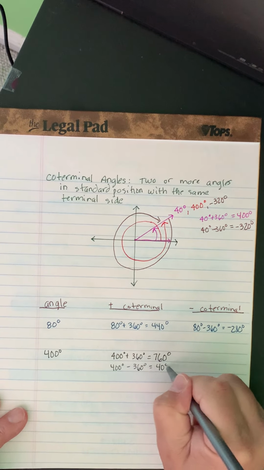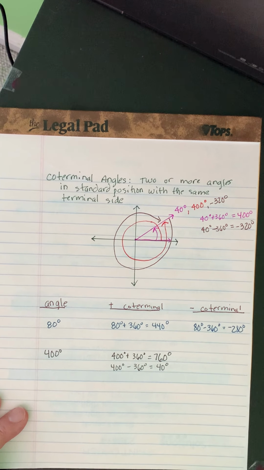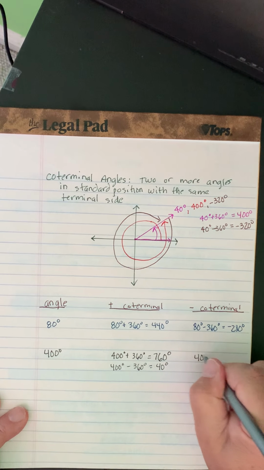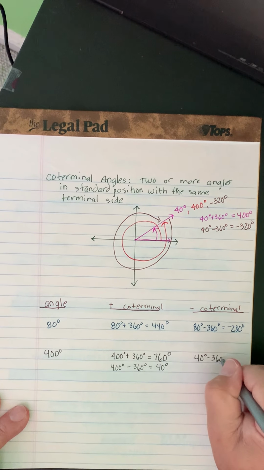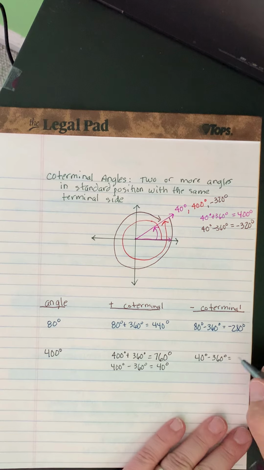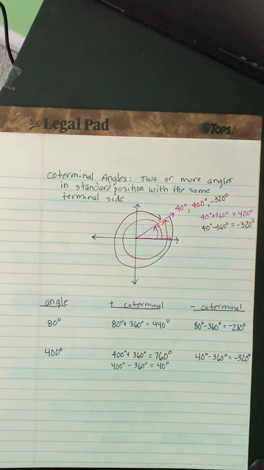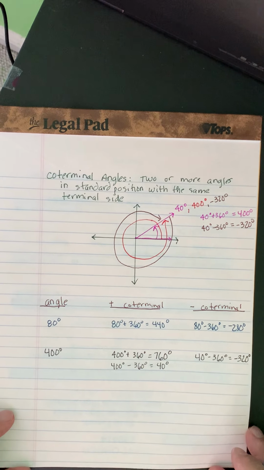Still going to give me a positive. So both of those are positive coterminal angles. So what I'd have to do to get a negative is I would have to continue to subtract 360. And then I would get a negative 320 degree angle. Make sure that's still on the screen. It is. Okay, good deal.